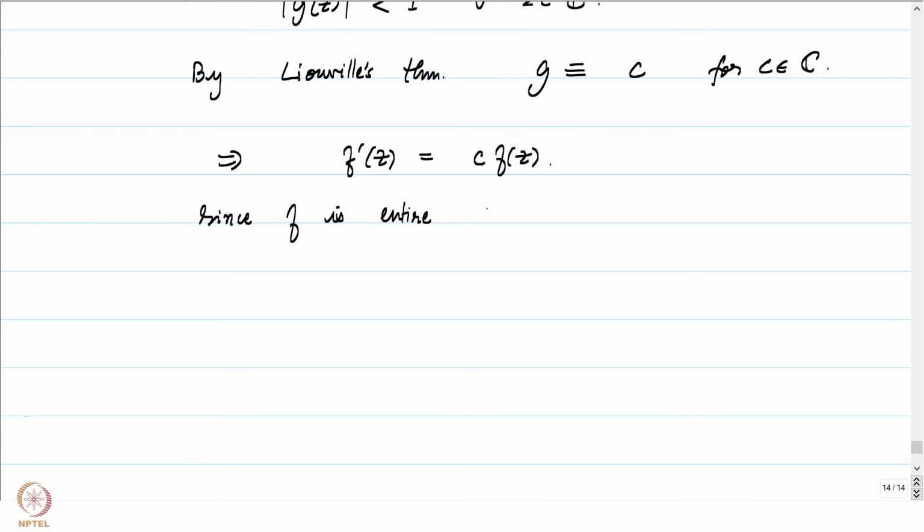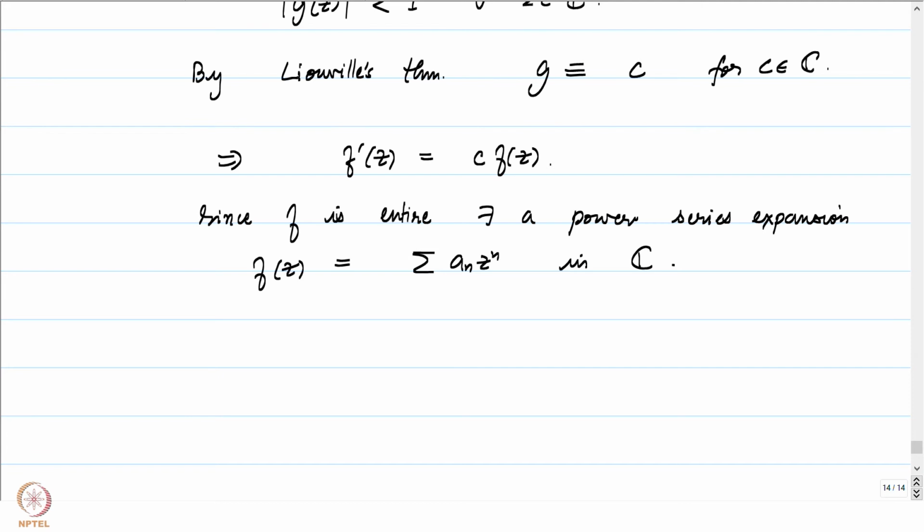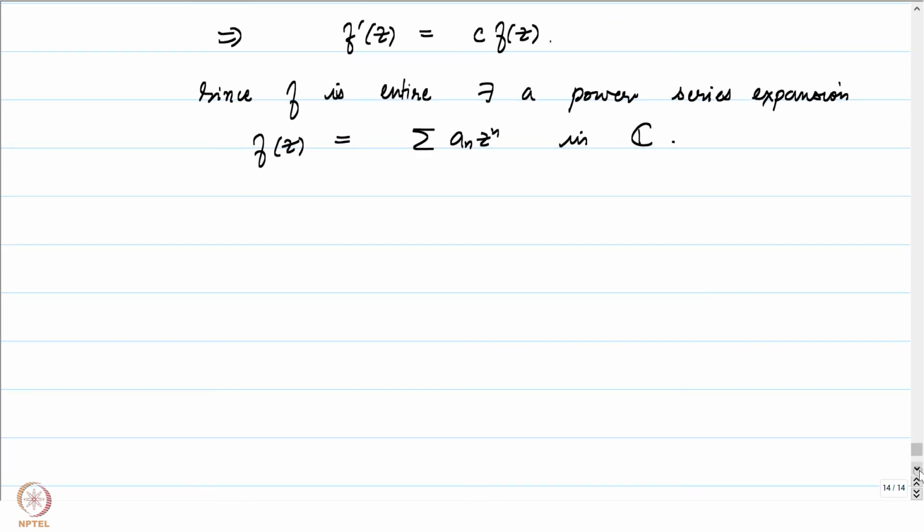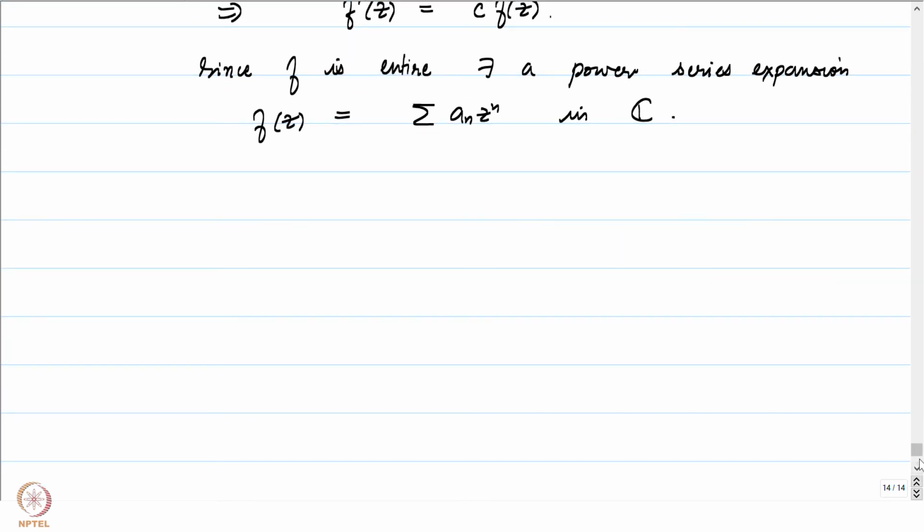Since f is entire, there exists a power series expansion f of z equal to summation a_n z to the power n in C. Now, that is good because in the disk of convergence, we know that f prime of z is going to be equal to summation n a_n z to the power n minus 1.